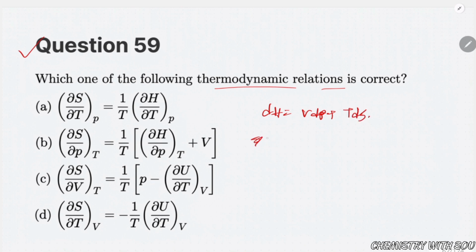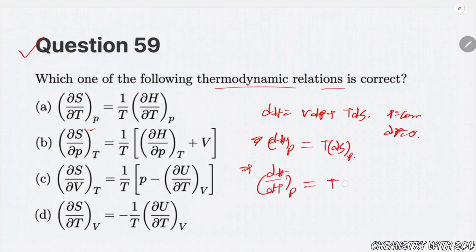In this equation, if we say that P is constant, meaning dP is equal to 0, so dH at constant P is equal to TdS at constant P. Now if we divide by dT, dH by dT at constant pressure is T into del S by del T at constant pressure, and this expression resembles the option. So option A is correct.